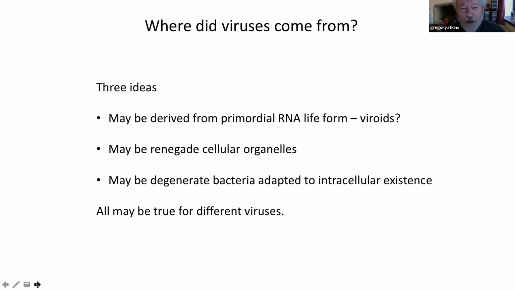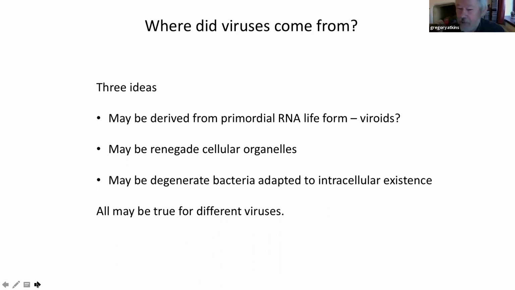So people have asked, where do viruses come from? Well, there are three ideas here. First of all, if any of you know anything about the way life was formed, in the origin of life, you'll know that one of the ideas is that RNA was formed before DNA, and that RNA life existed before DNA life.